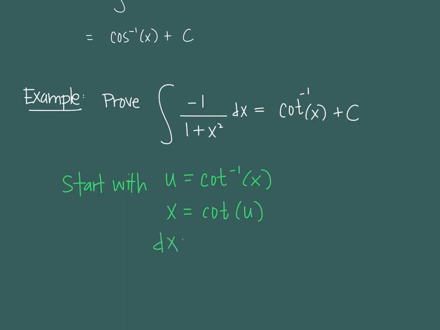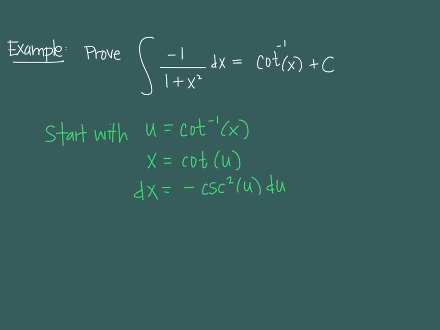So dx is the negative cosecant squared of u du. Then we do our substitution. So I'll have -1 over 1 plus cotangent squared of u, thank you, and then times dx, which is negative cosecant squared of u du.